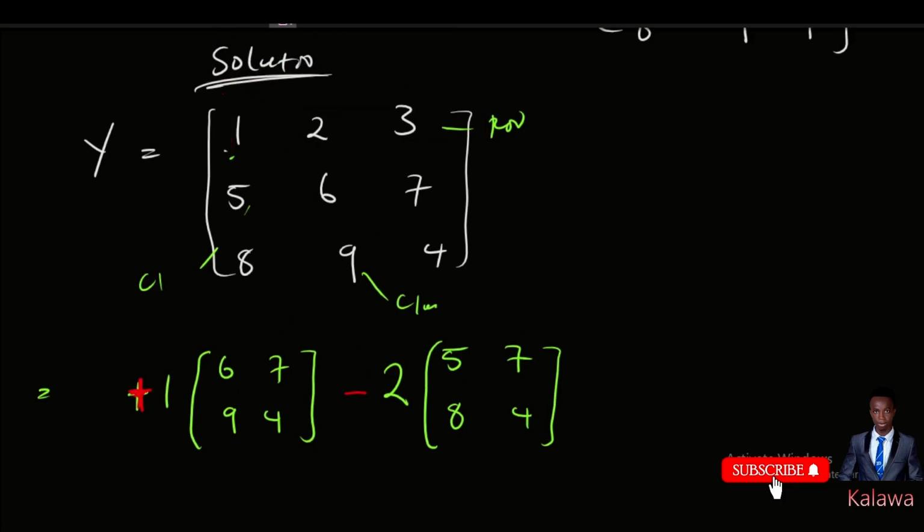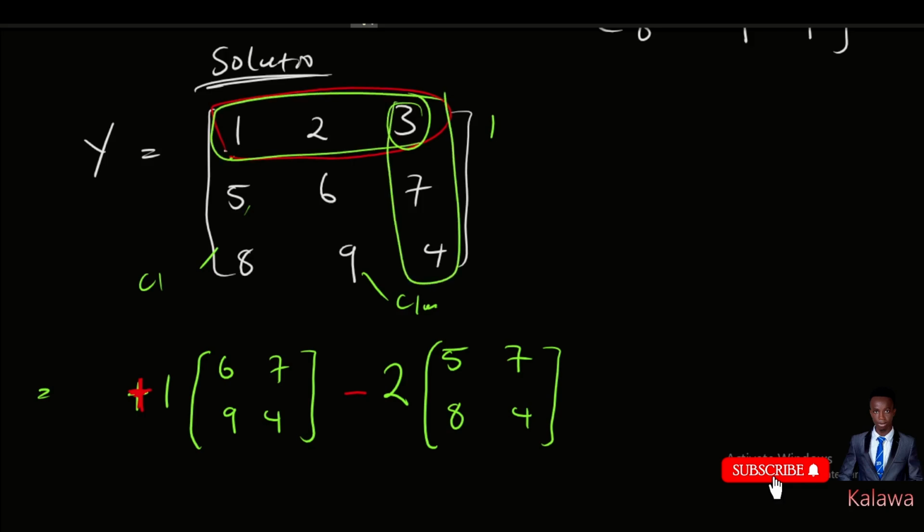So for 3 again, we do the same thing. We ask ourselves, which row does 3 connect to? Of course, 3 is connected to the first row and also connected to the third column. So once you determine the row and the column in which it is connected, whatever is left out is known as the minor.